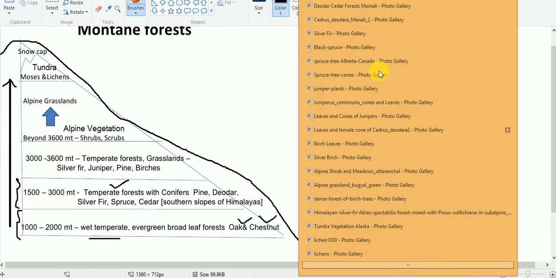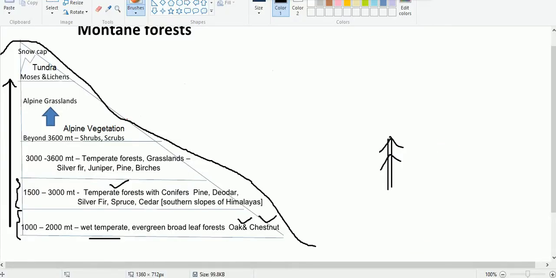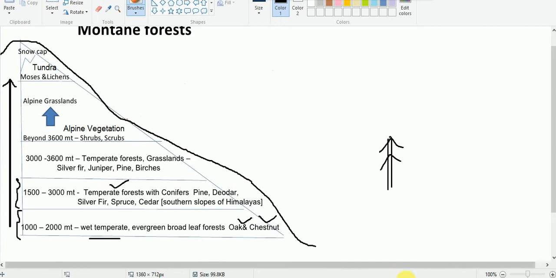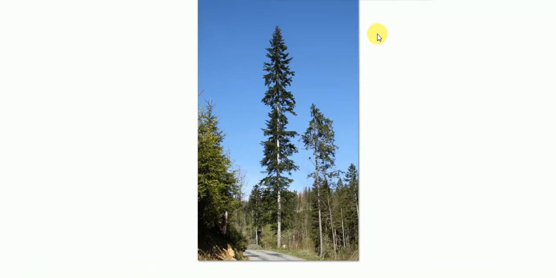And here we have some photographs. This is a photograph showing deodar and cedar forest in Manali. Then this is the cedar tree, close up, in the Himalayan mountain. Then this is silver fir. Okay, silver fir tree.